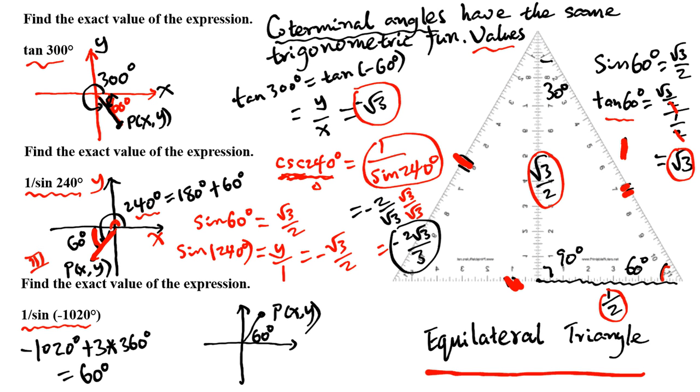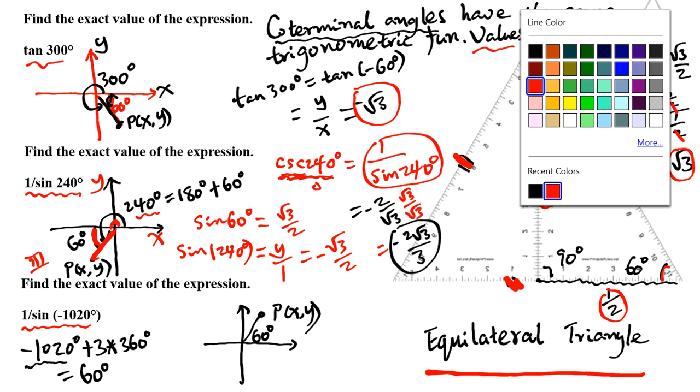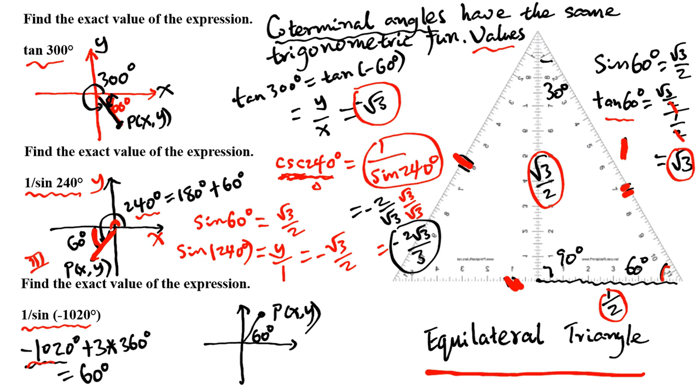How about the third one? The third one is actually the cosecant of negative 1020 degrees. You want to find out where this angle is, the co-terminal side. You always add 360 degrees times some number.